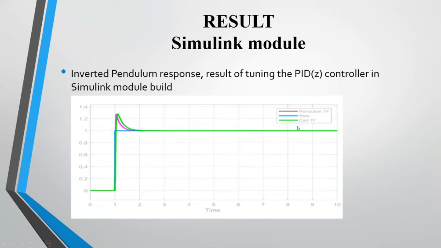So we have the pendulum and the step. This response will be shown in the VR model, where the values of the PID controller that has been tuned will be put inside, and we'll see the simulation work according to the design specification.